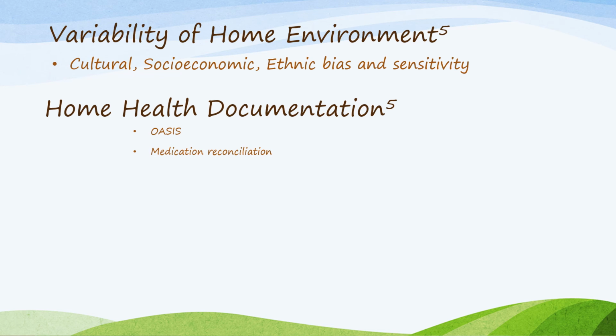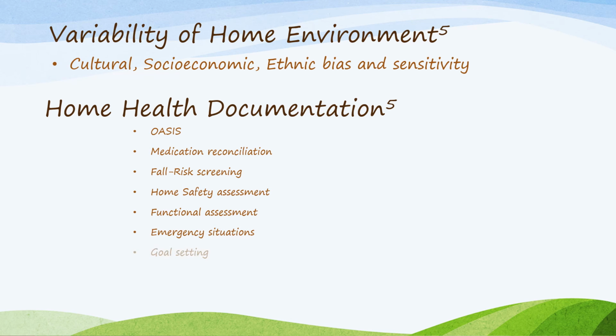Also noted are medication reconciliation, fall risk screening, home safety assessment, functional assessment, emergency situation documentation, and goal setting, as well as episode of care, including a projected number of visits and training, what the initial PT education was, and case conferences with other providers, including physician communication.